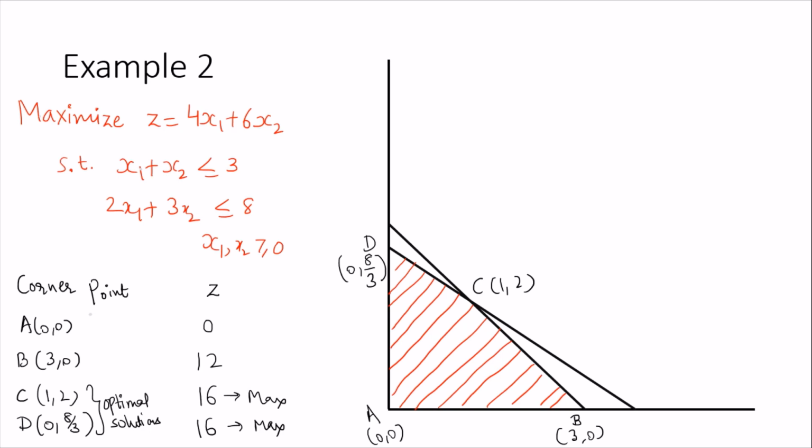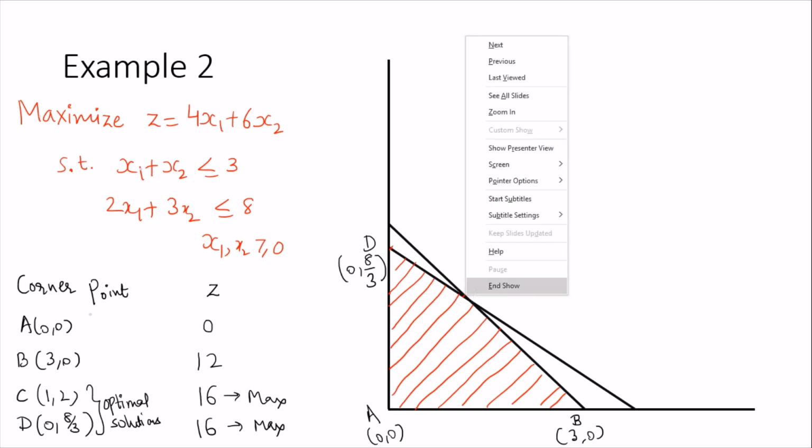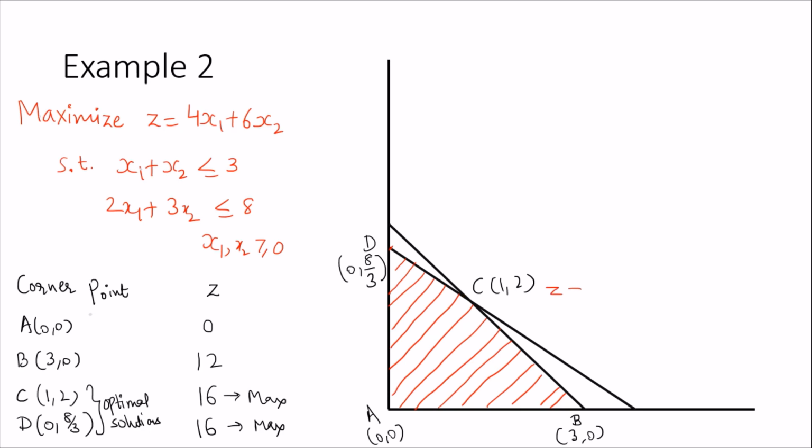In fact, the number of optimal solutions is infinite, because if you find any point on the line joining C and D, at C your Z is 16, at D also your Z is 16.